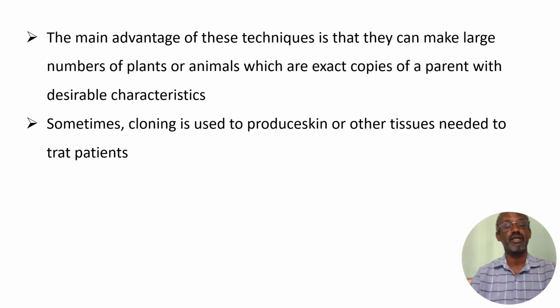You can use this skin for a skin transplant in case of burning, when somebody got burned, an electrical burn or fire burn, and lost its skin in some part of its body. You can take stem cells from his own healthy part of skin and make skin tissue or the skin organ for transplanting. This is one area of cloning. You can clone cells.